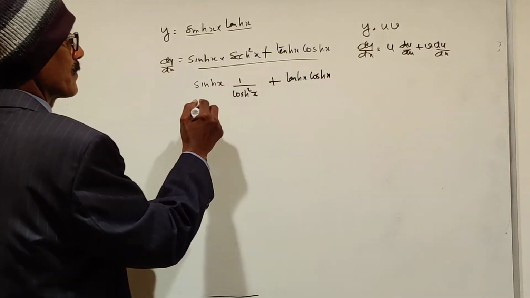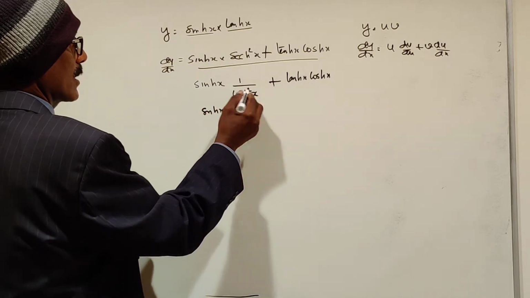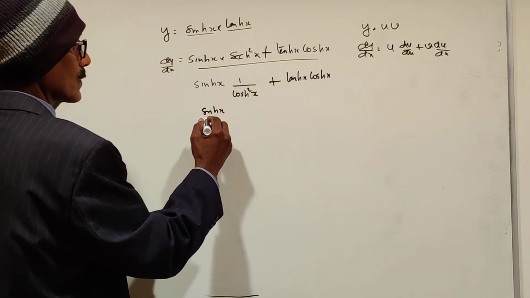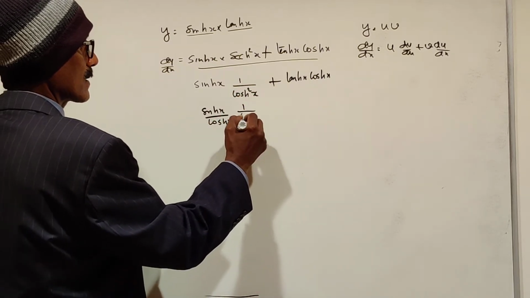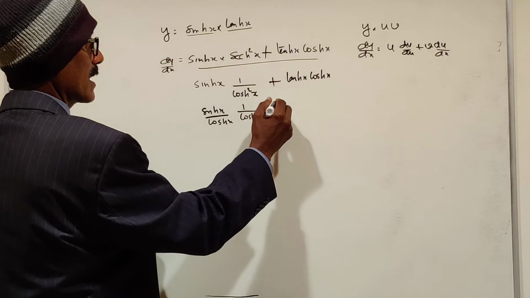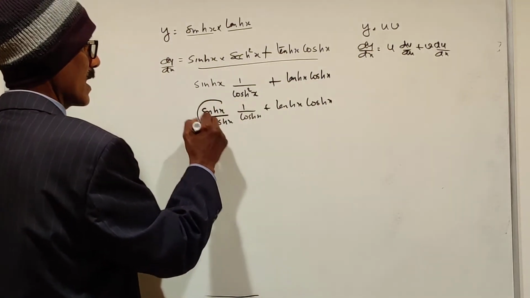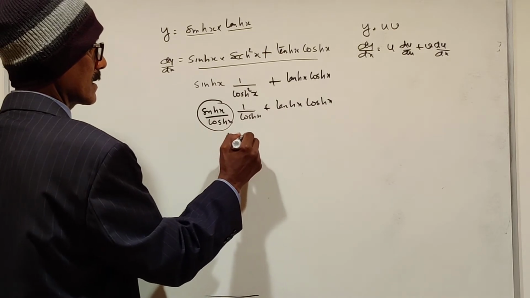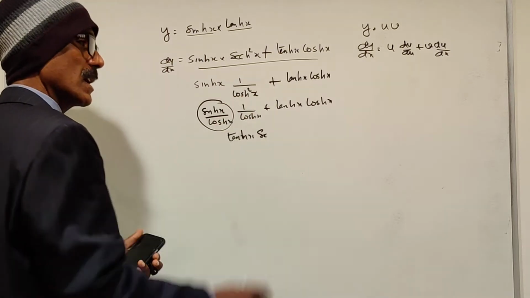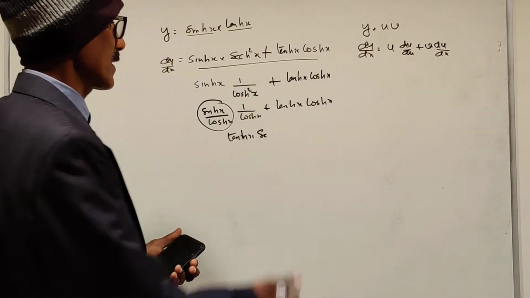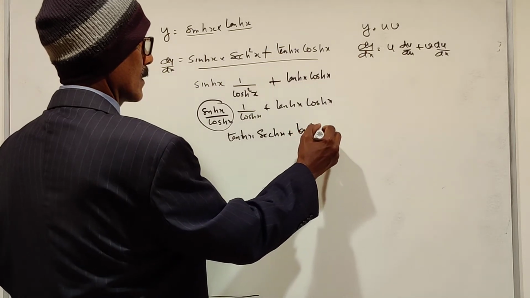Okay, this one we can write as sin hx by cos hx into 1 by cos hx, plus tan hx cos hx. So this one is tan hx into 1 by cos hx, and the reciprocal of cos hx is sec hx, plus tan hx cos hx.